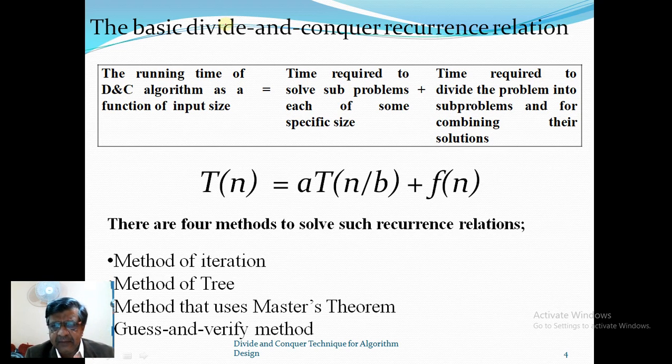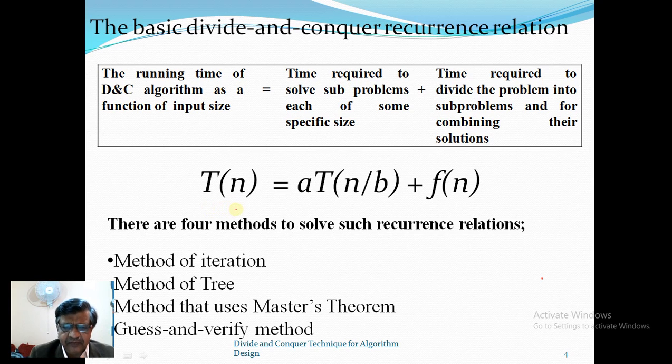One is the time required to solve the small subproblems, and the other is the time required to amalgamate the solutions, plus the time required to divide, till they are not further divisible. Anyway, a general recurrence relation can be developed with the definition that has been written over here.